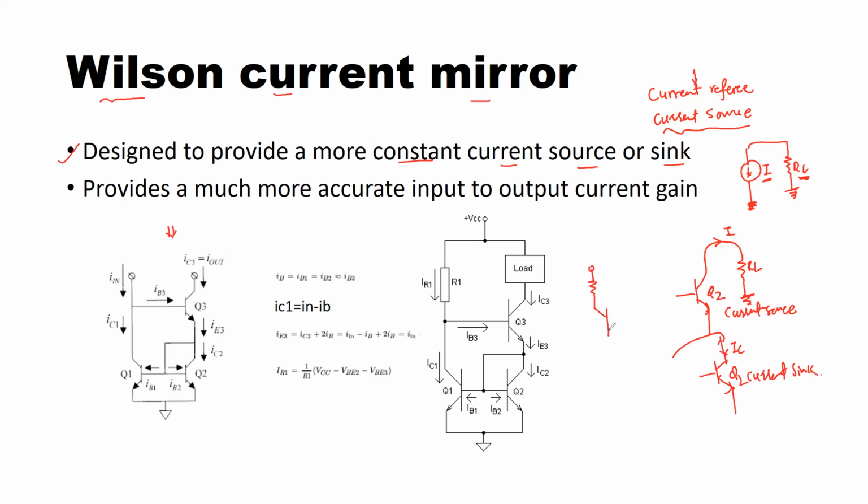where we took the resistor R connected to our supply voltage, and we call this transistor Q1, and the collector and the base of this transistor were shorted together, and then another transistor. Because of this resistor, it provided us the input current I in, or let's say I reference.